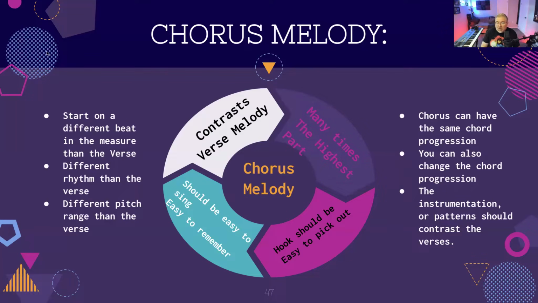You can have the same chord progression, but if you do, the melody needs to definitely contrast more. You can also change the chord progression if you want, and then the instrumentation, how you're playing, or the groove should be different as well.